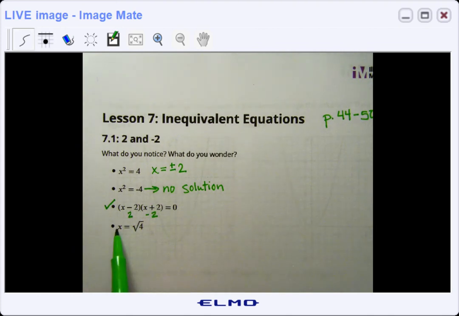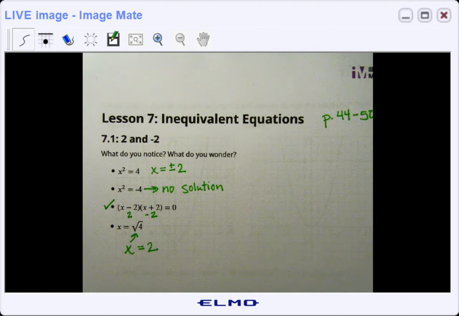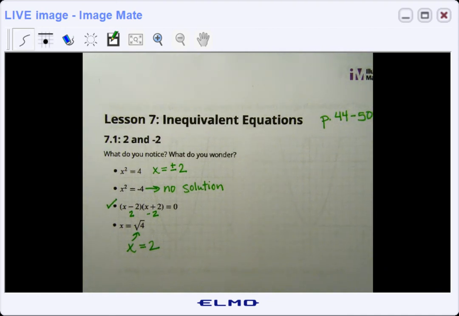And then finally, the last one, I noticed that it only has one solution because this implies the positive root of 4. So this has one solution of x equals 2. Okay, so we're going to be using those ideas that we learned in class on Tuesday and apply them to equations that are just a little bit more complex, just a little bit.